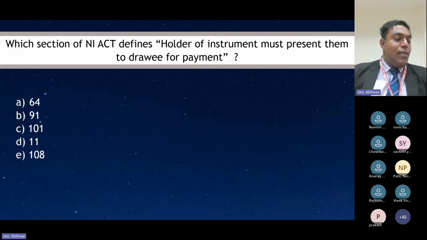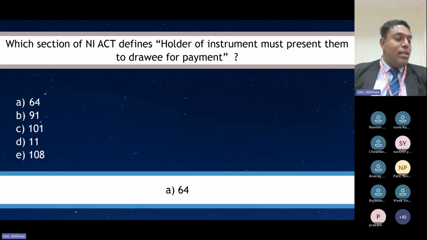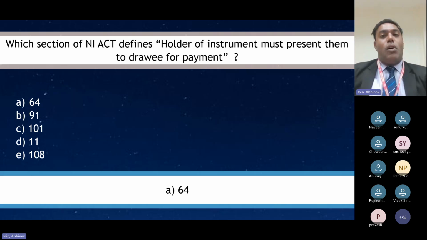Maximum people are in favor of section 108. No, it is not the correct answer. The correct answer is section 64. Section 64 says that the holder of the instrument must present it to the drawee for payment. Please do remember. Please do update yourself.